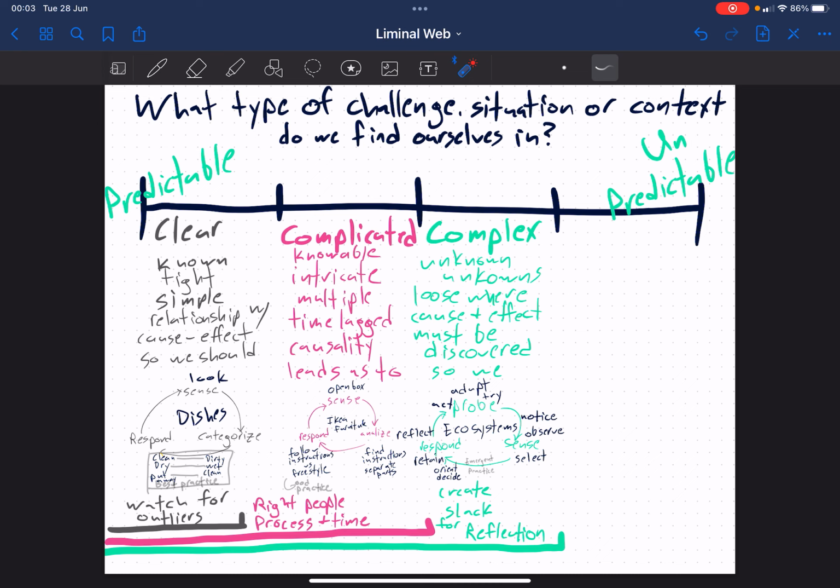In this type of circumstance, ecosystems is the sort of archetypical context that you would imagine with complexity. Again, relationships are sort of the king, and so we're looking for, instead of this good practice, probably some form of emergent practice. As we probe the space, we discover, and that leads us to a retention in certain strategies and a deselection of others.